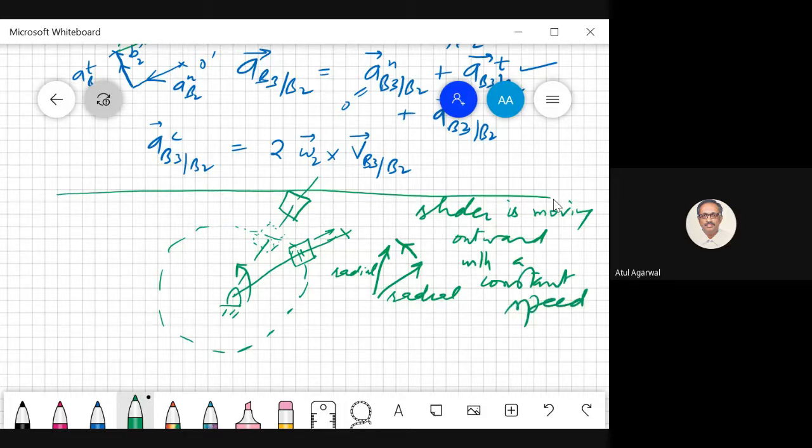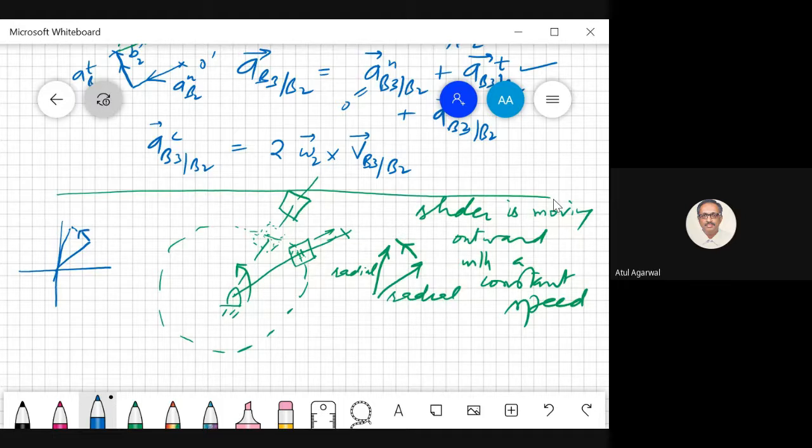Okay. Now what happens? If it was not moving outward, it would have gone to this position. Then there would have been no radial velocity, only tangential velocity. Only thing is, tangential velocity would have changed direction. So this fellow comes here, so it is going like this.